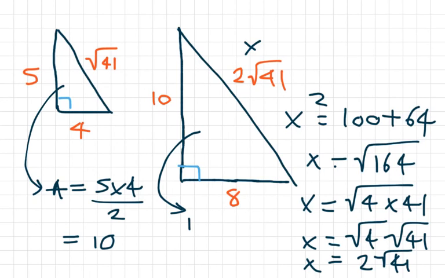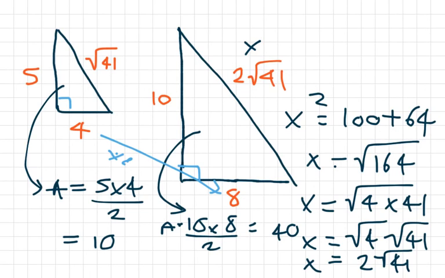Let's check it out. 10 times 8 over 2 is actually 40. So what's going on? I'm sure you probably know this already: if we've multiplied each length by 2, then when we go from 1 dimension, length, to 2 dimensions, area, we're not going to multiply by 2, we're going to multiply by 2 squared.